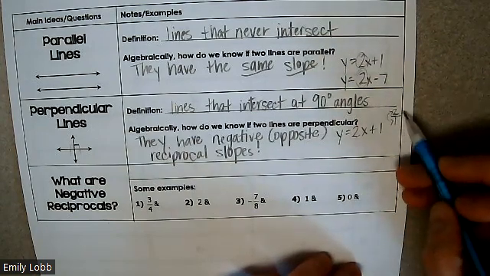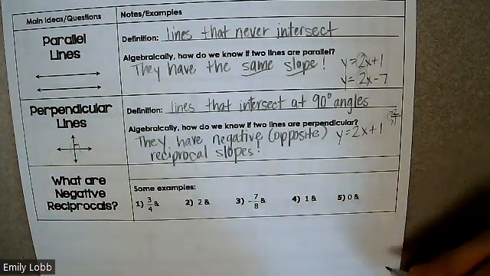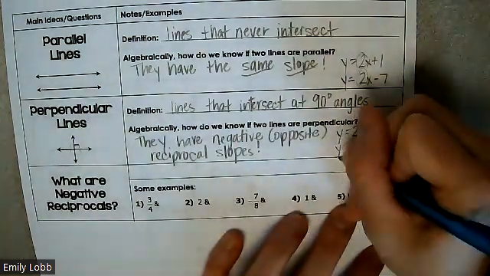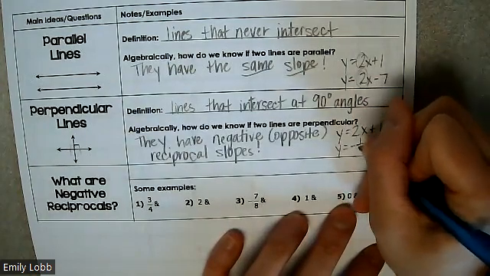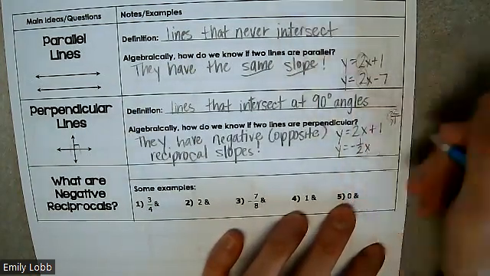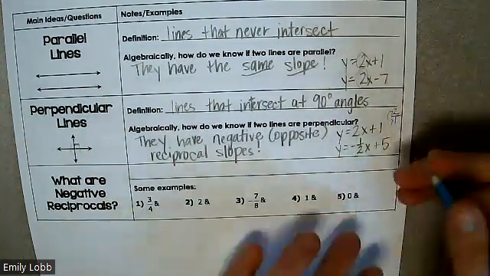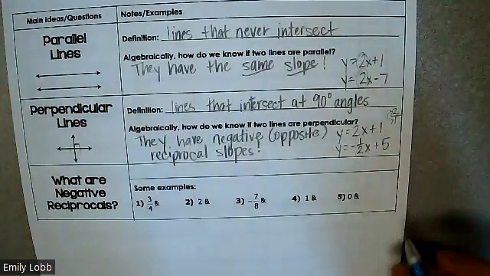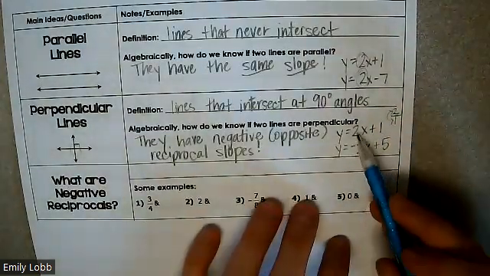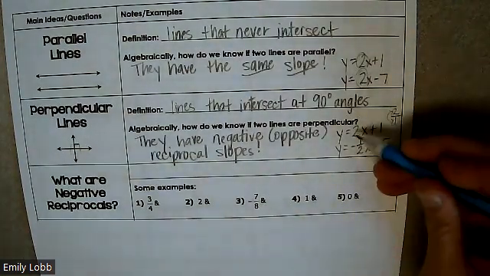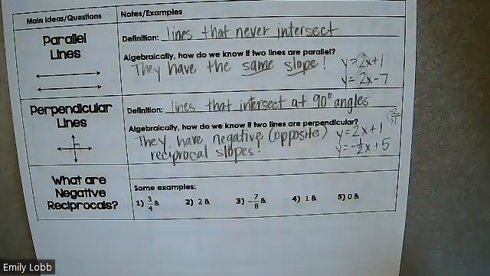So the 1 is going to go on top and the 2 is going to go on the bottom. So we have y = -1/2 x. And it doesn't really matter what our y-intercept is. It could be 0, it could be 5, it could be anything. But if our slopes are the opposite reciprocals of each other, these two are parallel.